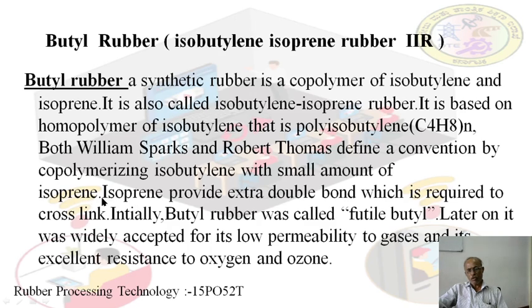That is why isoprene provides the extra double bond required to cross-link. Initially, butyl rubber was called butyl-butyl. Later on, it was widely accepted for its low permeability to gases and its excellent resistance to oxygen and ozone.